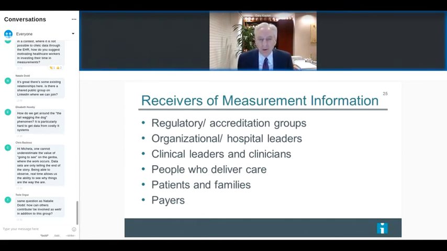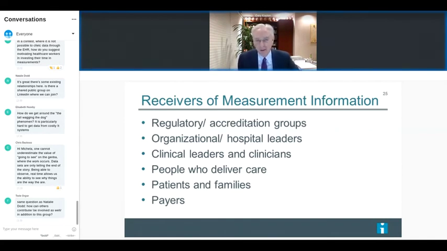So, leaders. Leaders have been focused on receiving information, but what is it we do with that information? These are some of the receivers of the data. If we're able to collect real-time, actionable measures to propel us forward, these are really the stakeholders that will need to receive that data and then incorporate that data into their work and their processes.